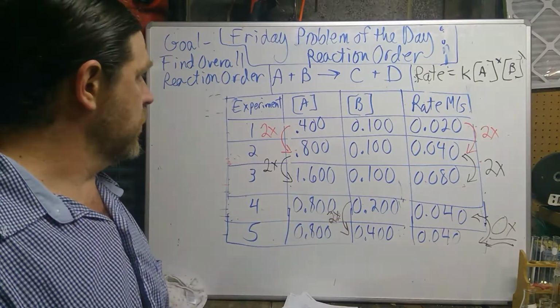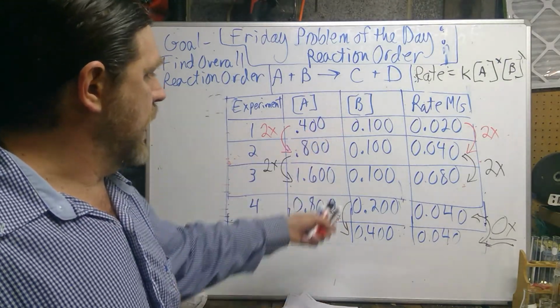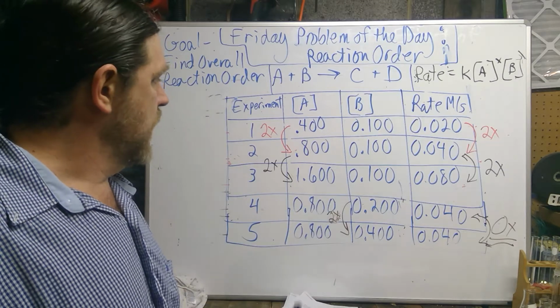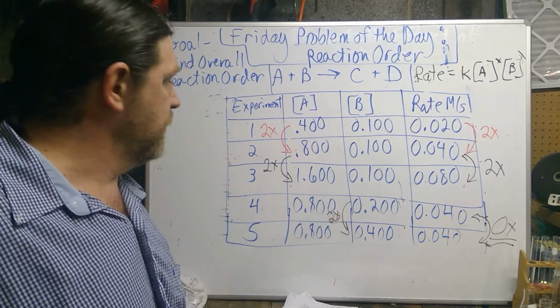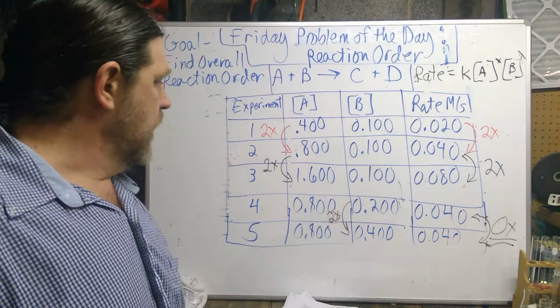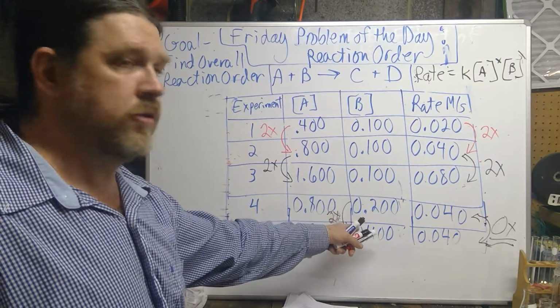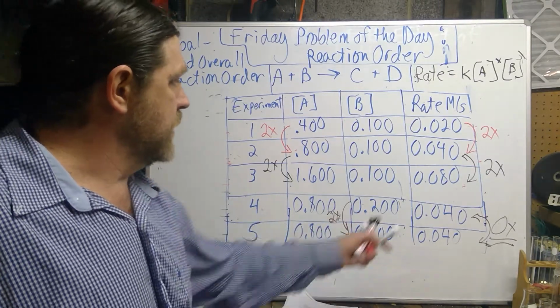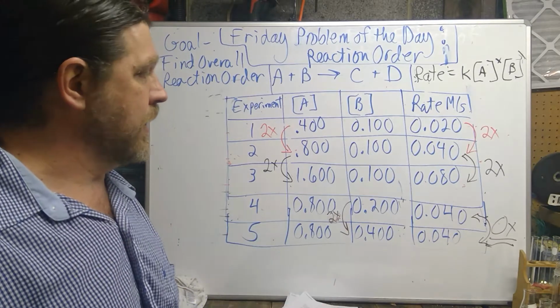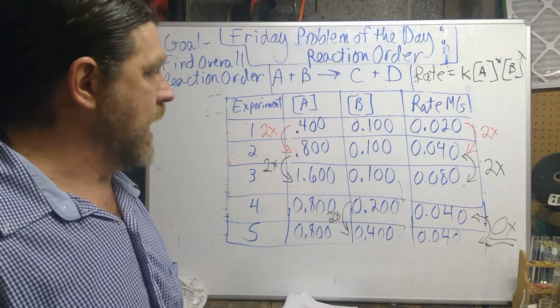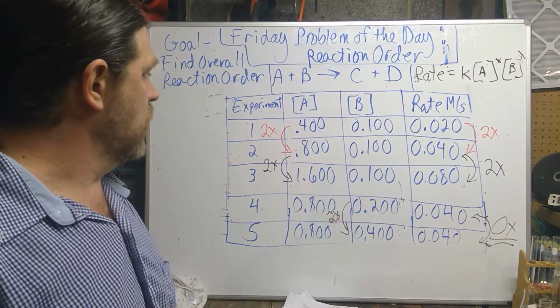That's first order. However, when we look at B over here and over between trials 4 and 5, we doubled the concentration of B, but notice there was no change to the reaction rate. So that would be 0 order.